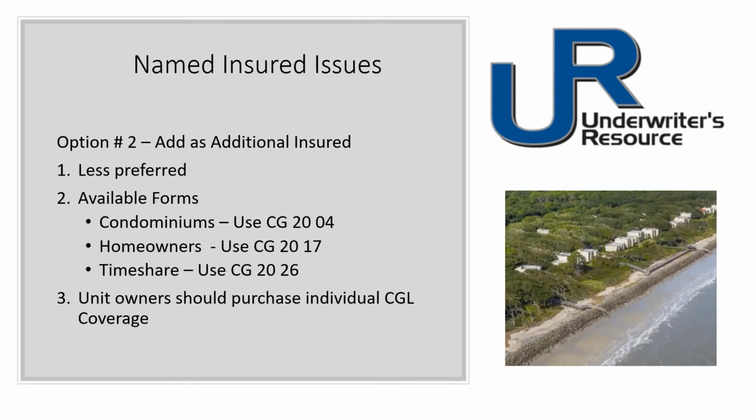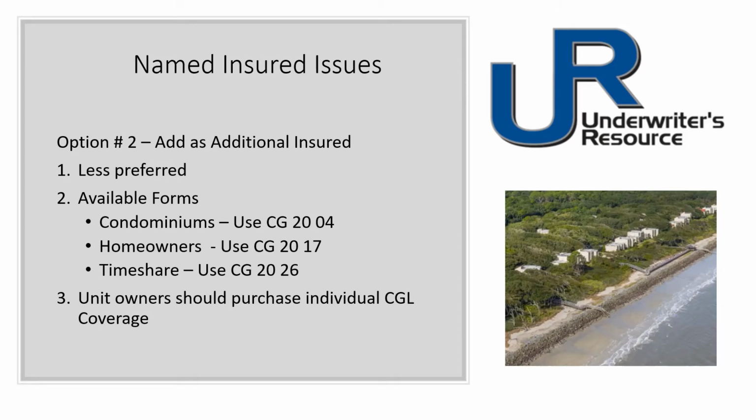A second option would be to add those unit owners as additional insureds. This is what I believe to be a less preferred option. You could utilize some of the ISO forms. For example, if it's a condominium complex, you could use CG 2004. If it's a homeowners complex, you could use CG 2017.